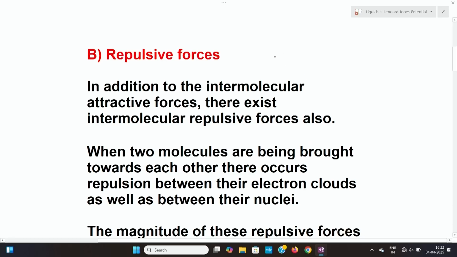If we have negative charges, then it will be a repulsive force. If it is positive and positive charges, these equal charges will repel each other and will have repulsive forces.